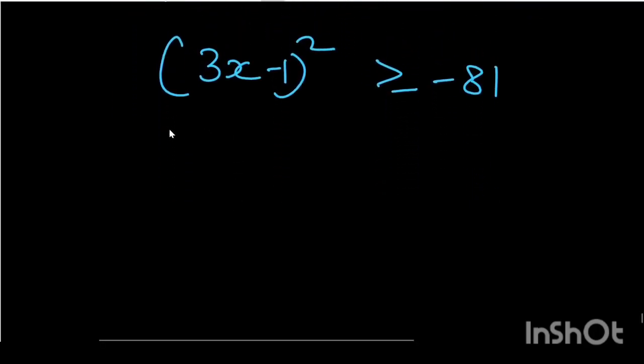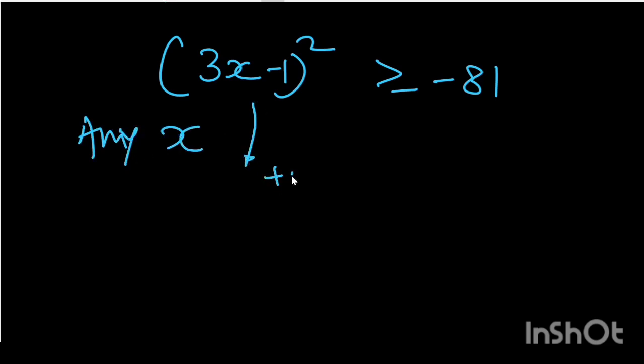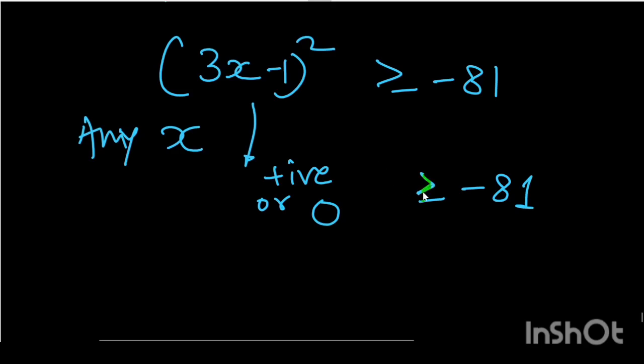Any x you substitute, the left hand side will be a positive number, or at the least 0, and here it is fixed minus 81. So even if it is positive or 0, this greater than condition will always be satisfied.